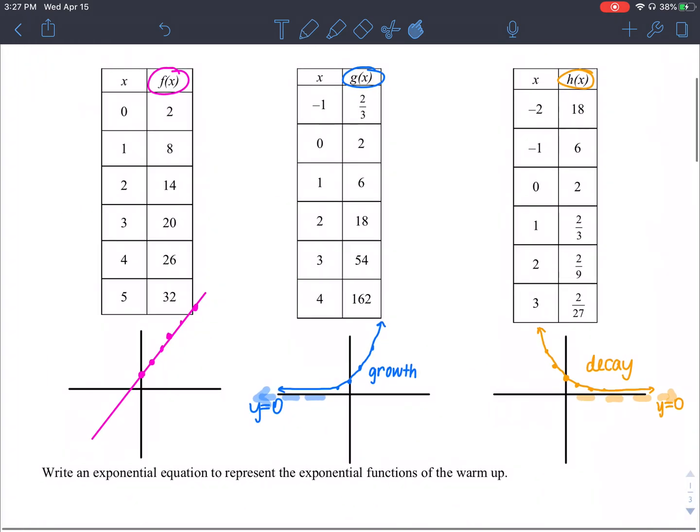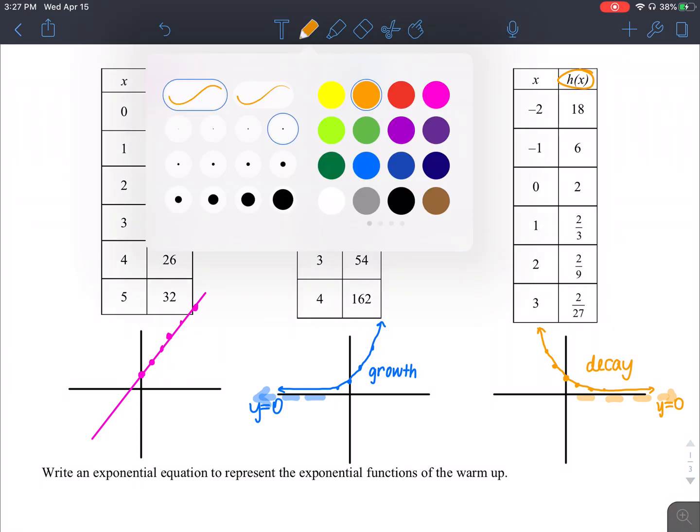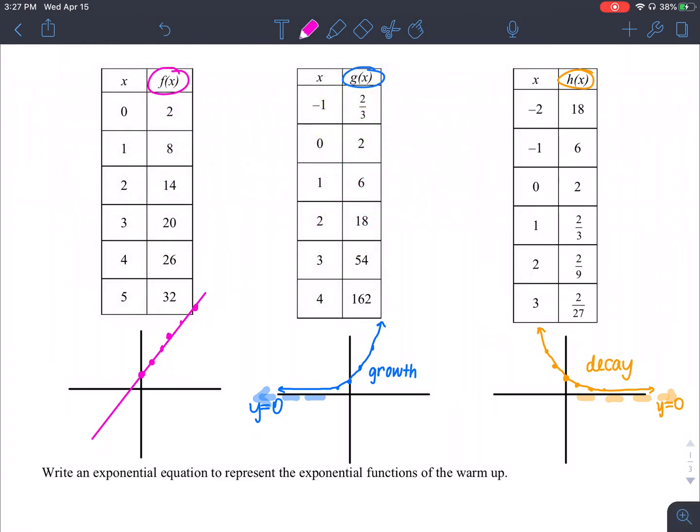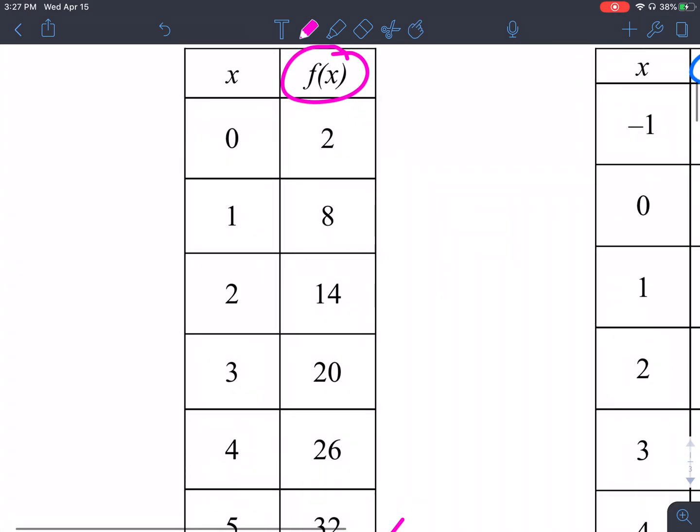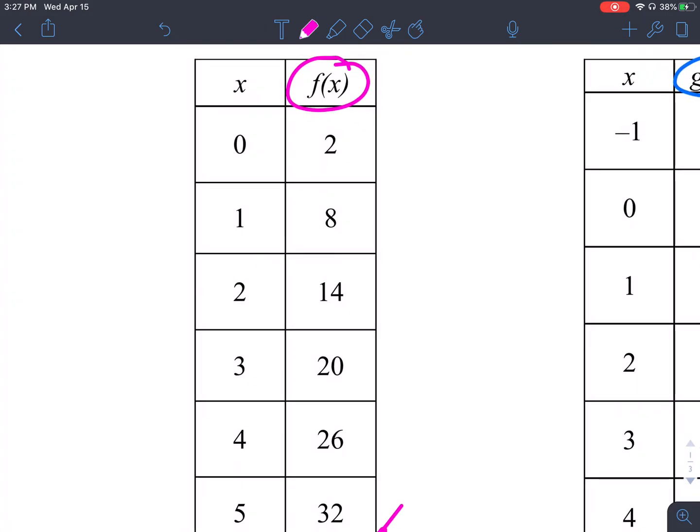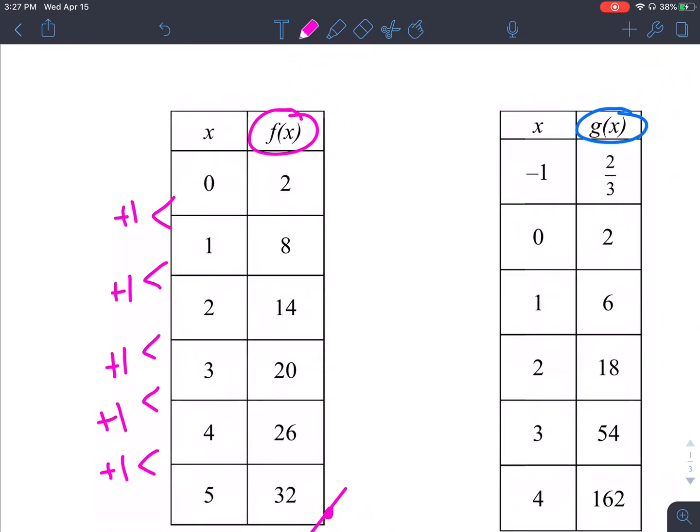Okay. So now we want to make sure, even though it appears to be a decay and a growth, and our f of x looks like a line, that it actually is a line. So there we're going to look at the patterns of our tables. Back in first semester, we talked about how lines always have slopes. And since I have a slope, that means the ratio of my change of y to my change of x needs to stay consistent.